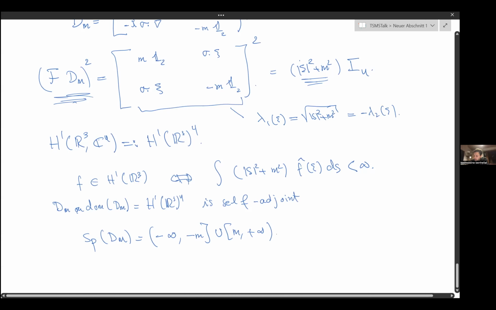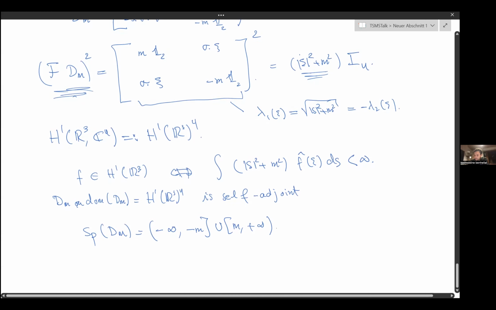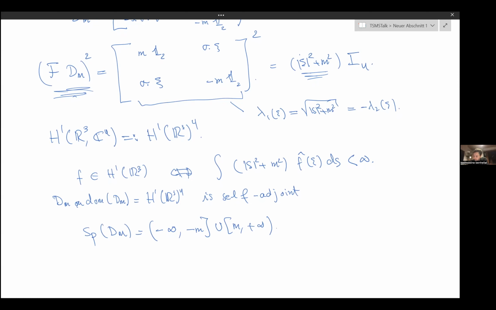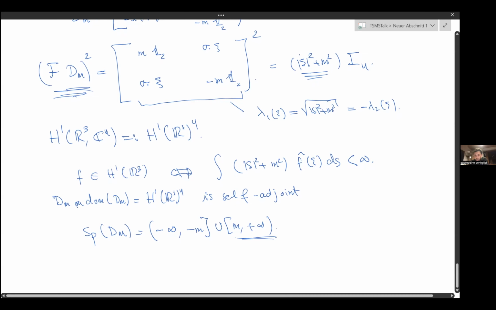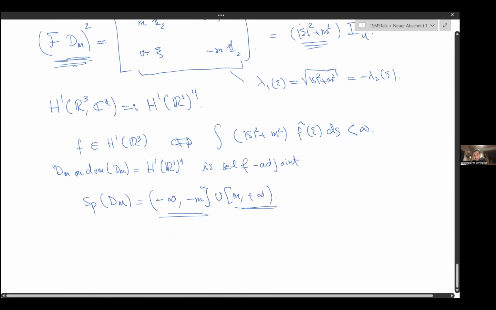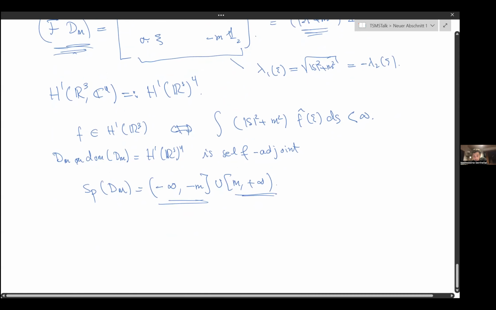When you take the range of these eigenvalues, this gives you the spectrum. With plus, you get this interval, and with minus, you get this interval. And this is one of the amazing things in the Dirac equation. This means that your operator is not semi-bounded.